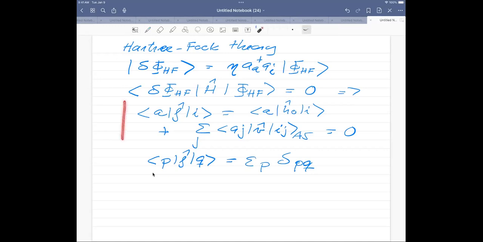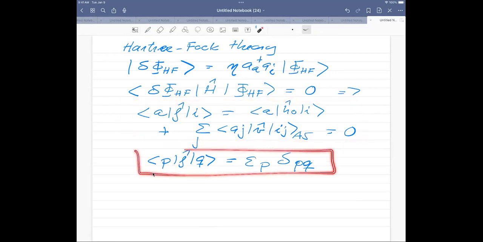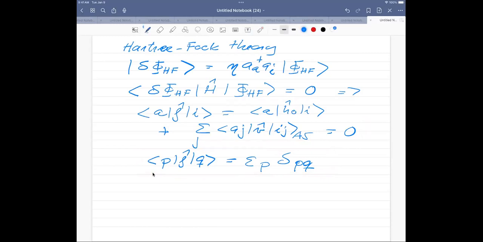So this requirement is something we can fulfill by requiring this. And that gave us a set of equations where, if we have P and F and Q equal to I, this is equal to epsilon I. And then for particle states, F of A equal to epsilon of A.